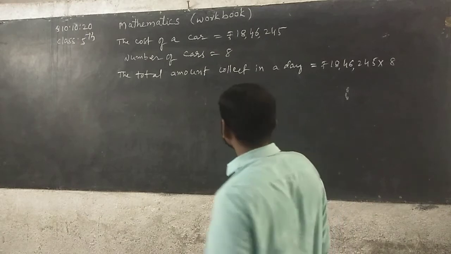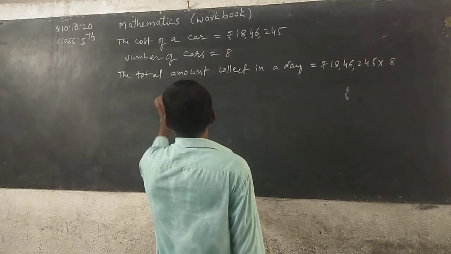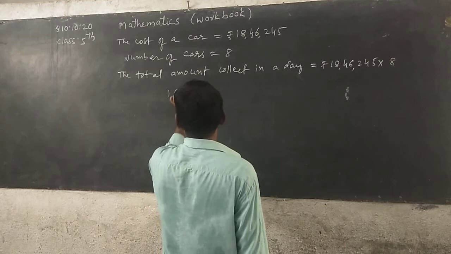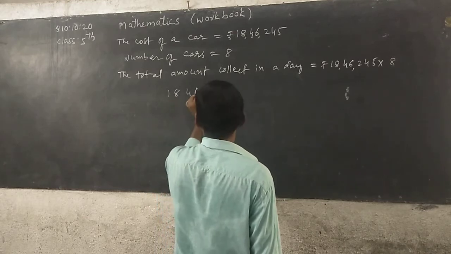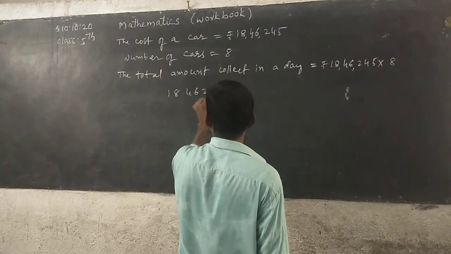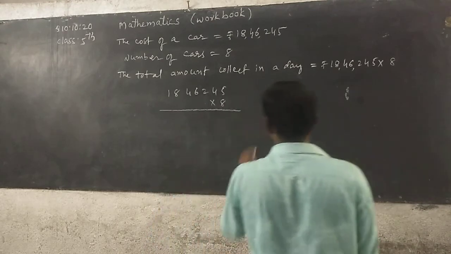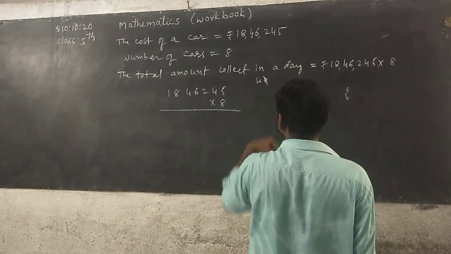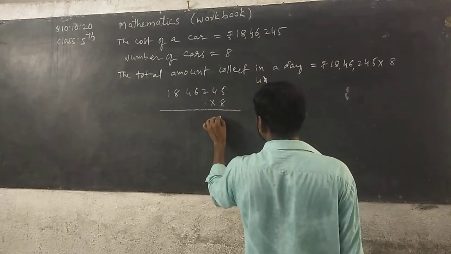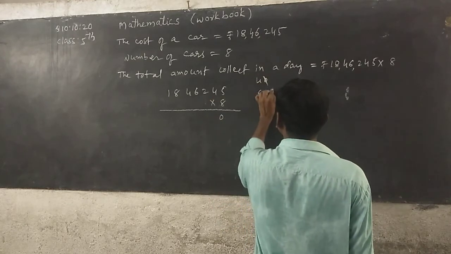See here, 18,46,245 into 8. 8 5s are 40. 0 taking, write down under ones place of the products. Now carrying 4.